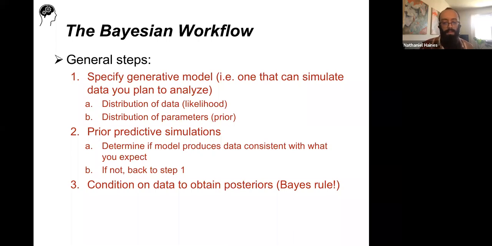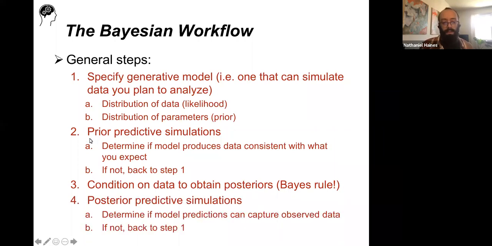After we obtain that information, the next step is to do something similar to what we did in step 2, where we simulated from the prior to see what things looked like. But now we've learned something from the data and updated our priors, so we have more precise estimates of the parameters in the model that we're interested in.